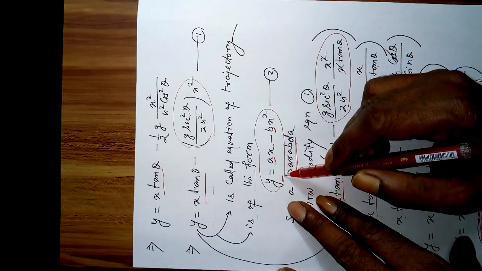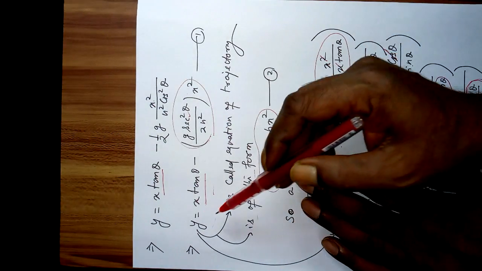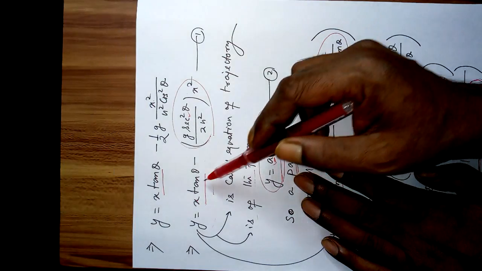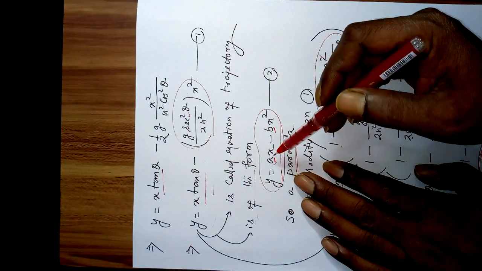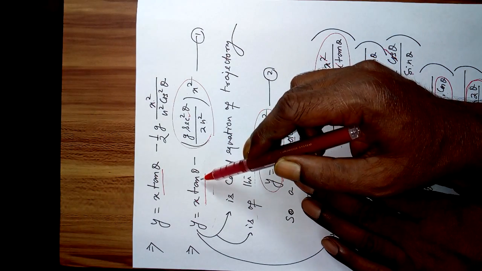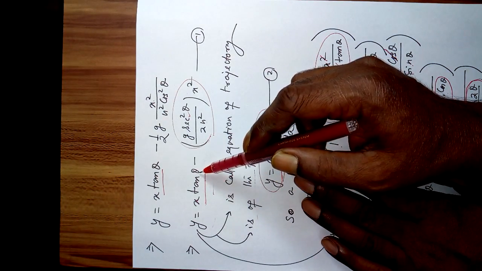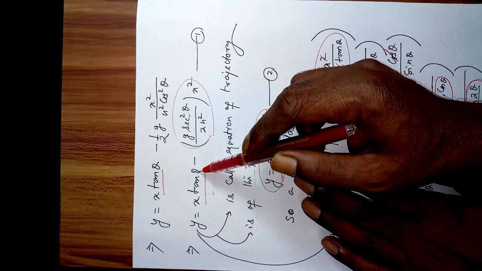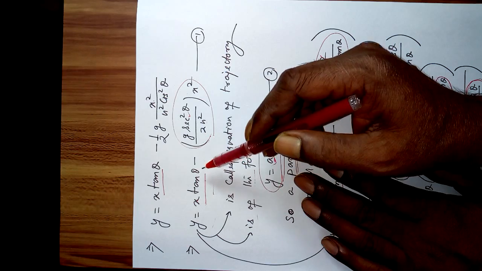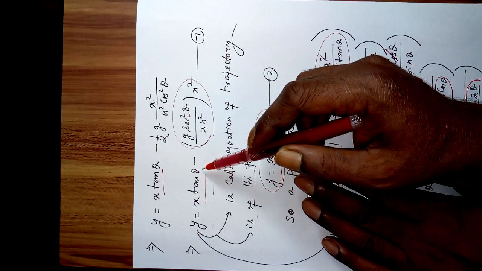Now this is of this form: y equals A x minus B x square. A is your tan theta. A is not acceleration. A is a constant. Tan theta is a constant. How? The moment you are throwing with certain angle, theta is constant, so tan theta is constant. Means you cannot say that you are throwing the projectile at the same time at two different angles.